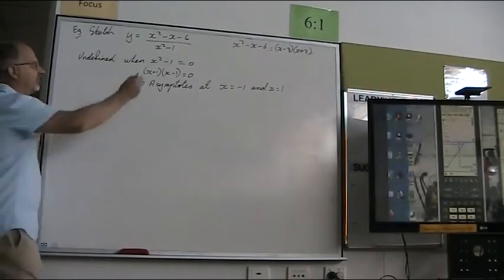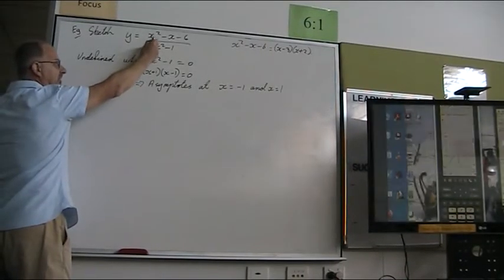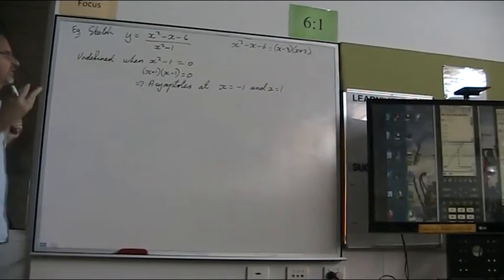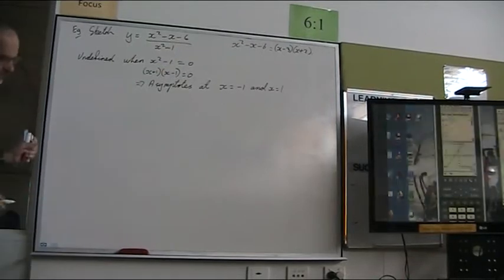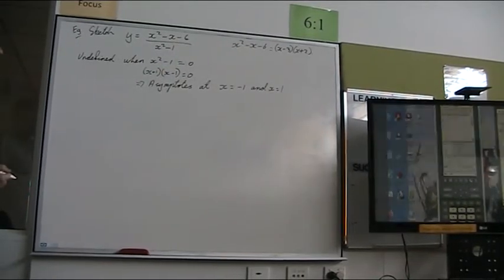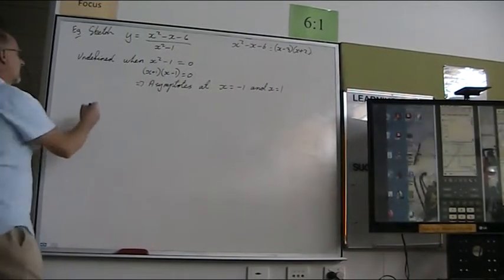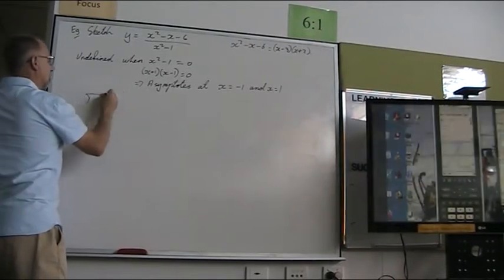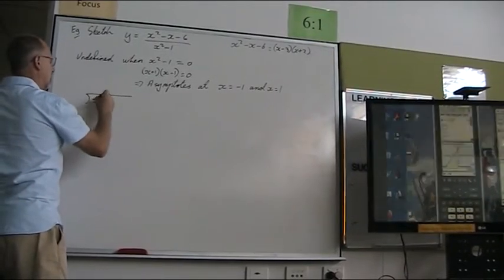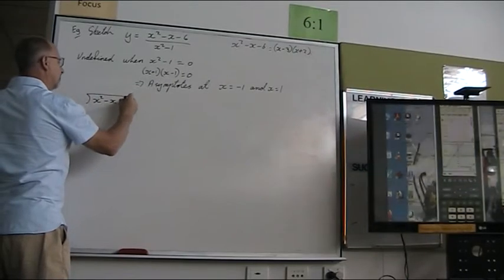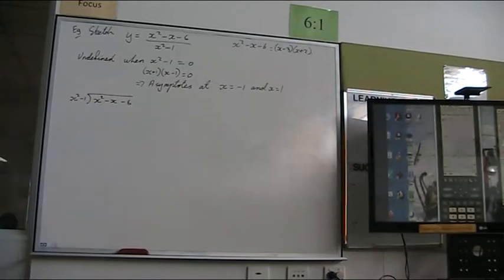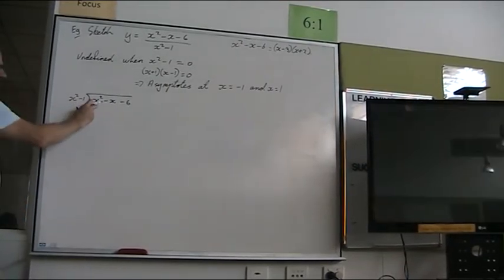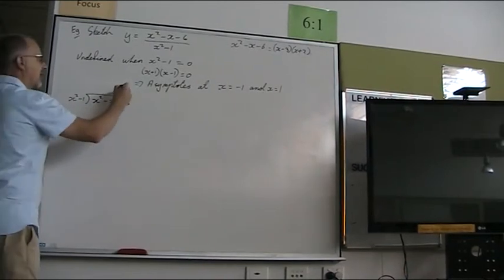Alright. Now, as I said before, if the power of x on the bottom is the same as on the top, you've got to manipulate it. Because here we've got x squared minus 1, it's a bit more complicated. So maybe unfortunately, it depends on whether you mind dividing or not. To get x squared, you've got to multiply x squared by 1.